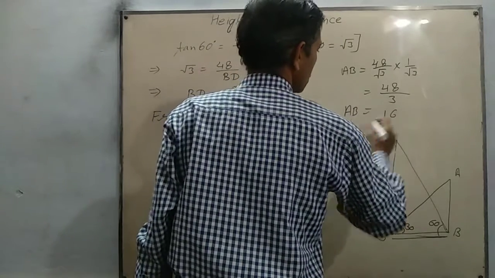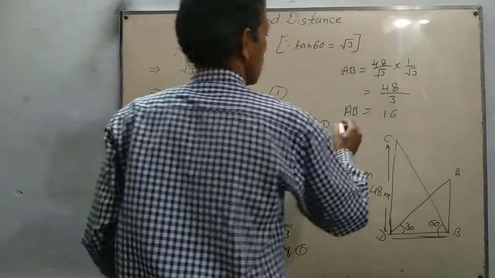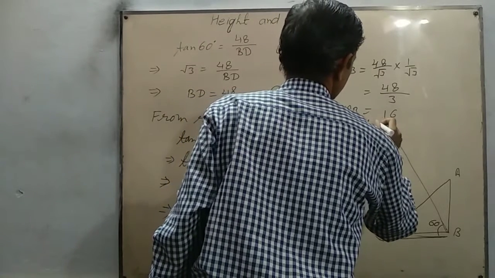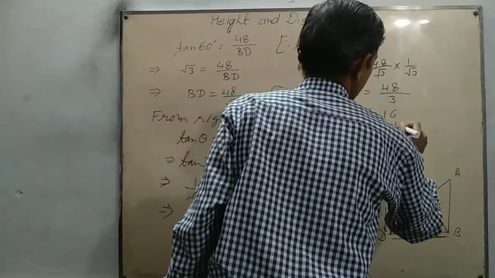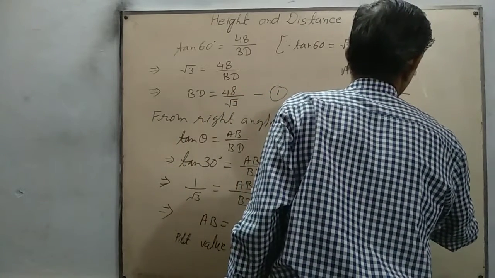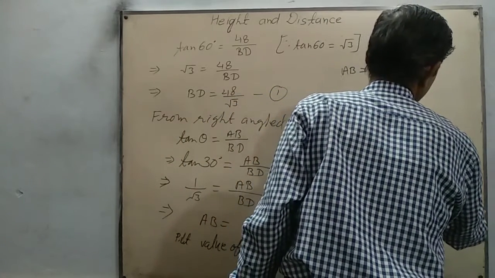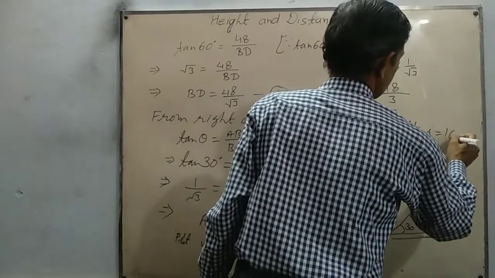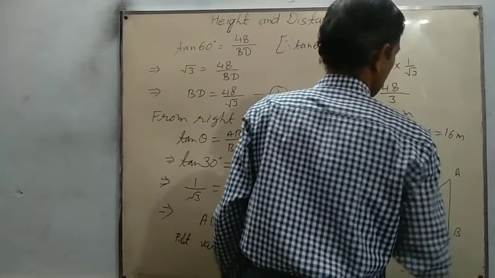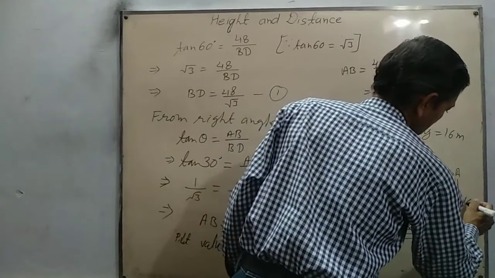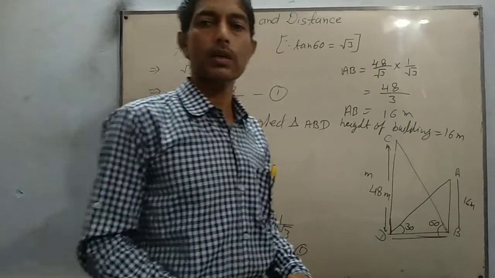AB is equal to 18. So height of building is equal to 16 मीटर. इस प्रकार जो बिल्डिंग है उसकी हाइट 16 मीटर होगी.